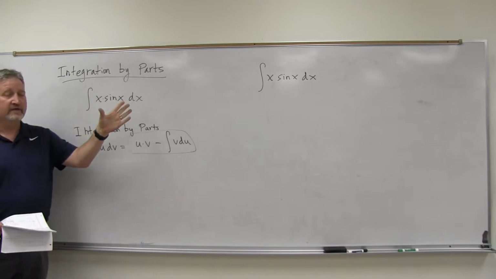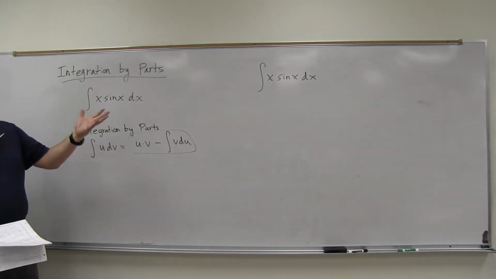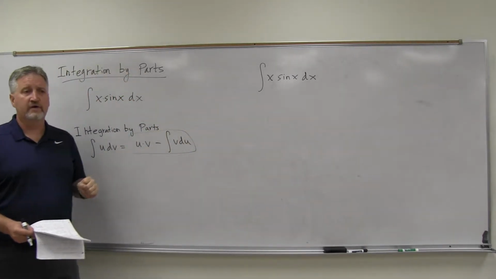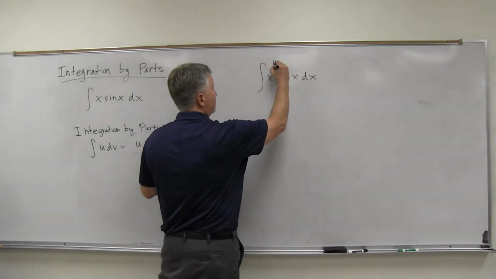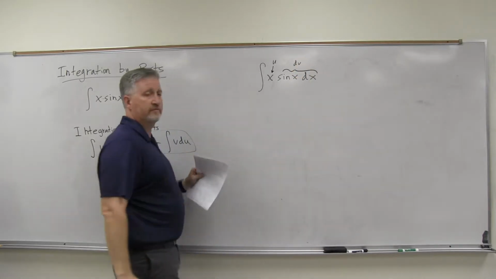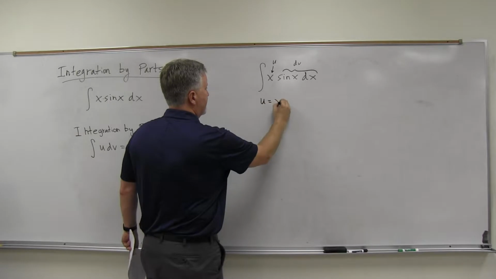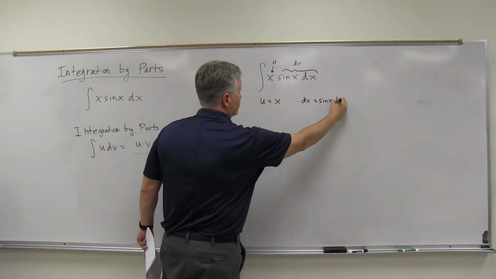It may not be in the order that it comes. Here, it is kind of in the order that we want. We're going to let u be x, and then the rest of it is dv. So u equals x, and dv equals sine of x dx.